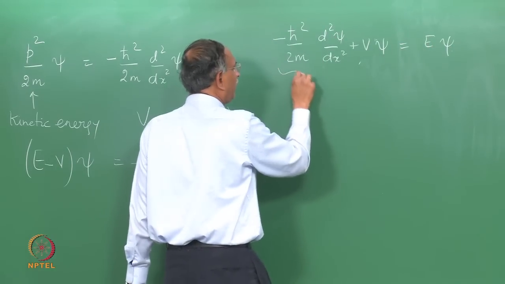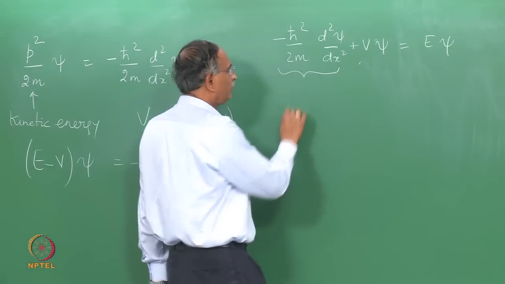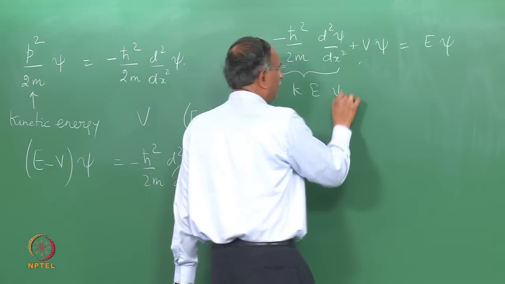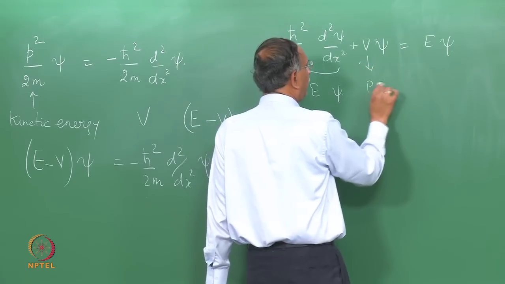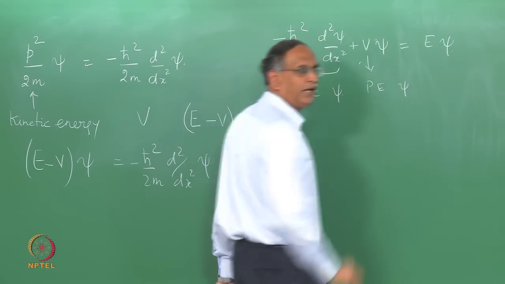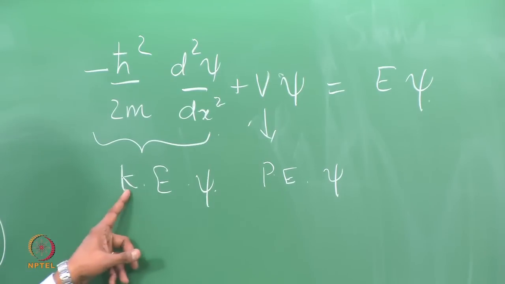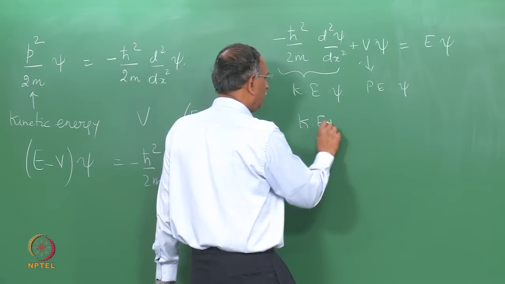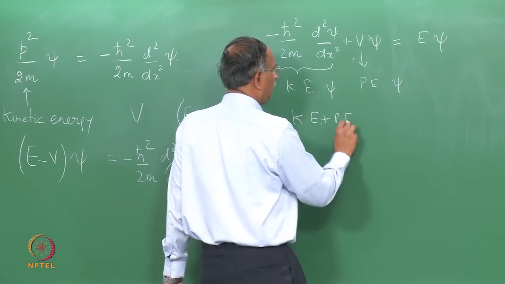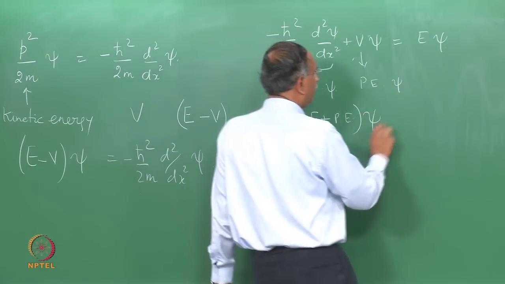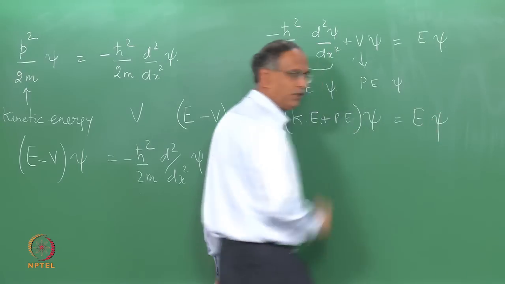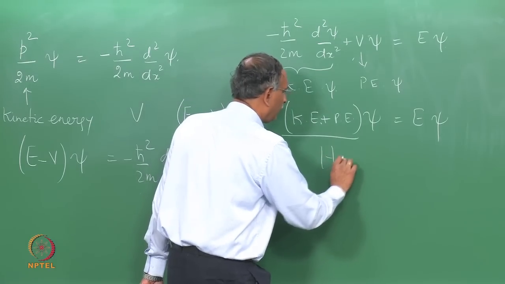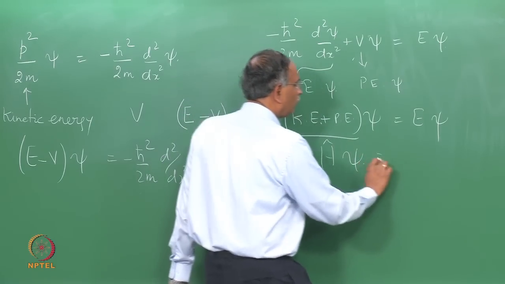Please remember, we had already written this as the kinetic energy on psi, and this is the potential energy on psi, and therefore this is nothing but kinetic energy plus potential energy on psi, giving you a constant times psi. And so you see that this is nothing but the Hamiltonian on psi giving you E psi.